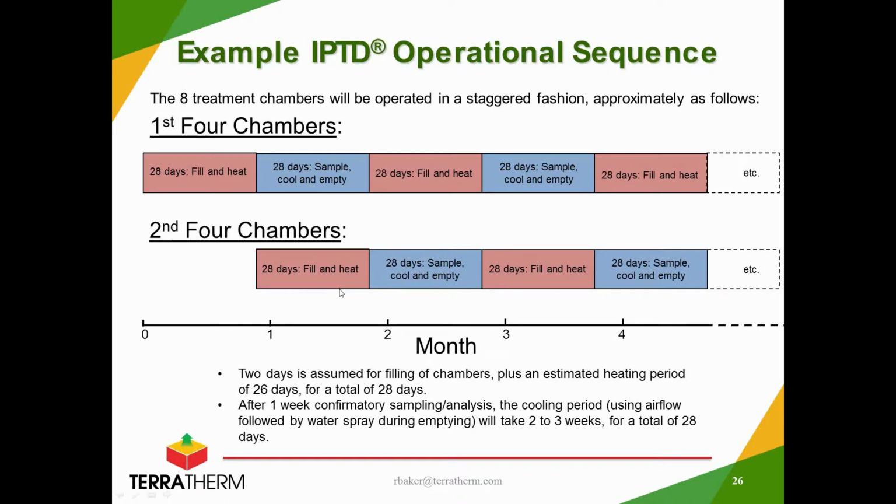So by doing this, we can deploy a smaller treatment system for treating a certain amount of material, and do so with maximum utilization of the labor force and the treatment equipment, and also with a smaller energy requirement at any one time. And a typical project like this might operate for 12 to 16 months at a site. And it's a mobile system that can be then moved to another site.